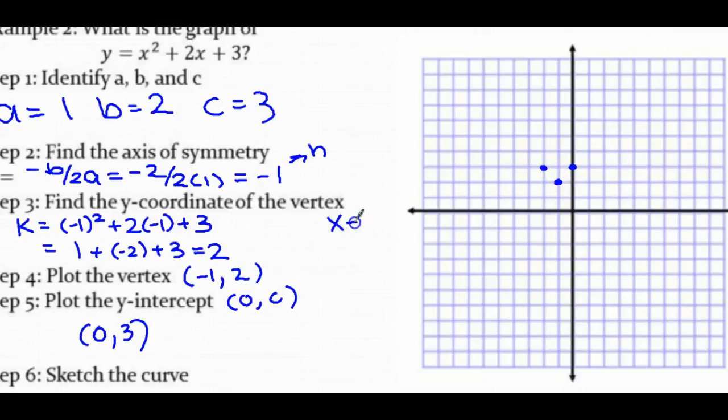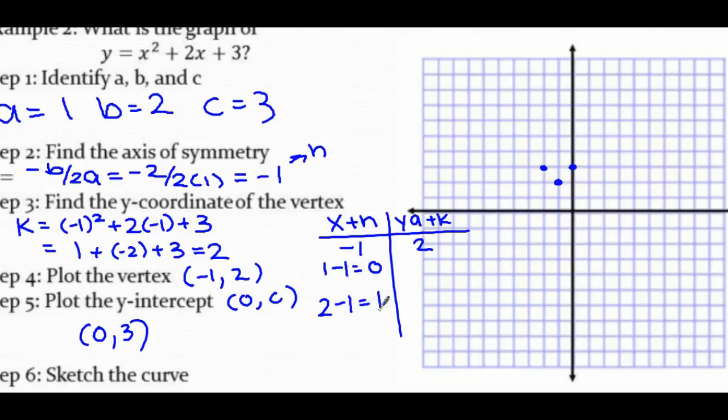If you make your table with the x plus h and the a y plus k, your vertex is the first line. So it's negative 1 and 2. That means you do 1 plus h, which was negative 1, so you get 0 and 1.